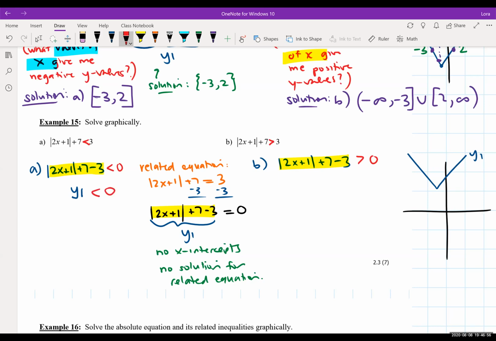So you're trying to ask yourself again, and it helps to restate it in English, what values of x give you y values less than 0? What does that mean? Less than 0 means negative numbers.